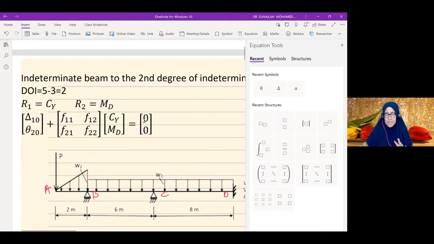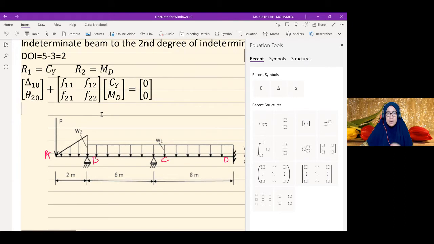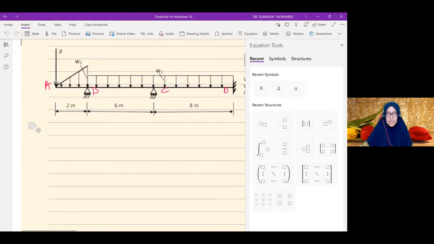Totals are 6 displacements. We have 3 systems.